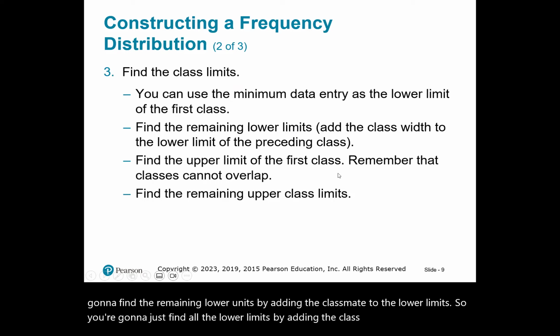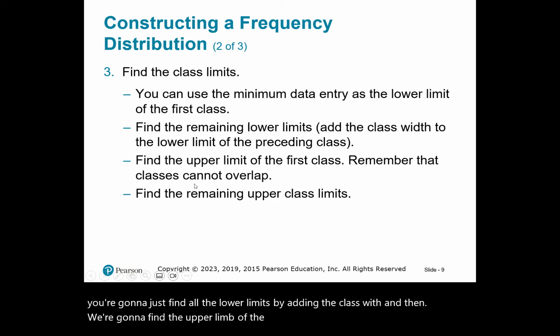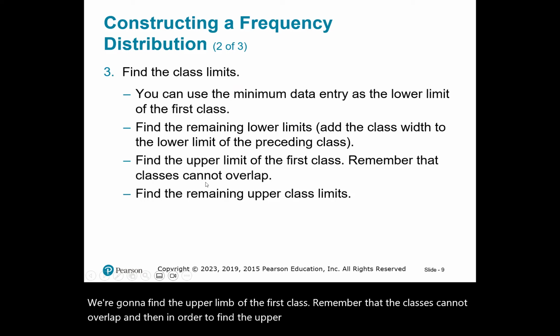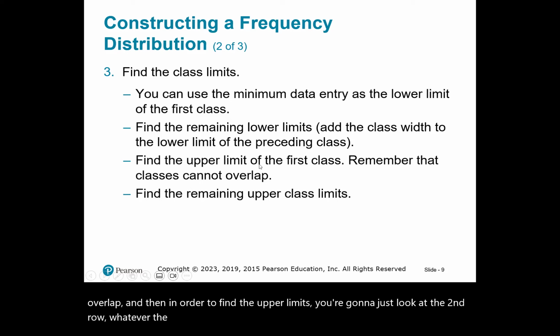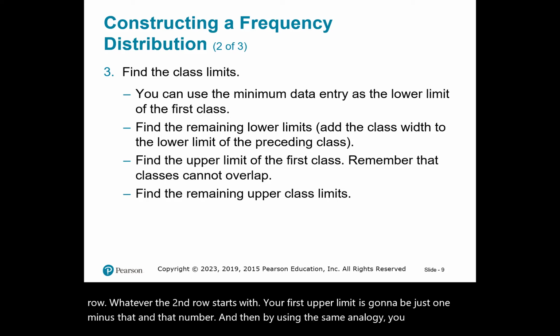And then you're gonna find the upper limit of the first class. Remember that classes cannot overlap. In order to find the upper limits, you're gonna just look at the second row. Whatever the second row starts with, your first upper limit is gonna be just that number minus 1. And then by using the same analogy, you can find all the upper class limits.